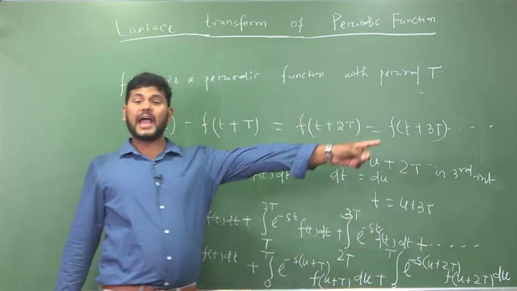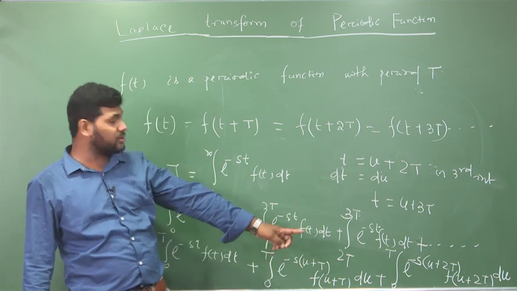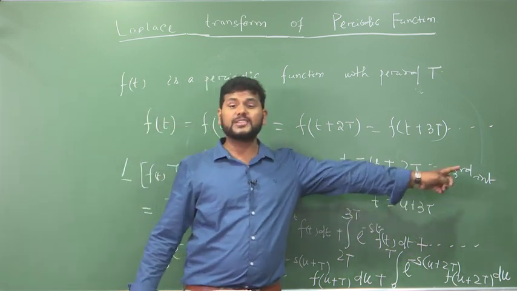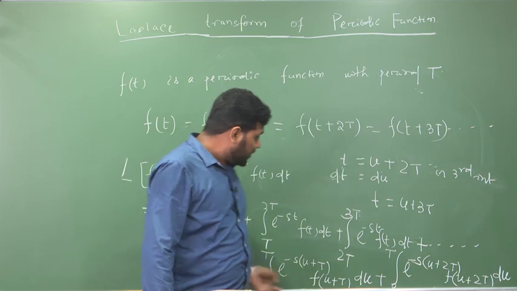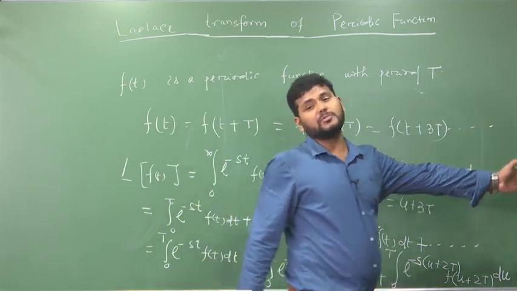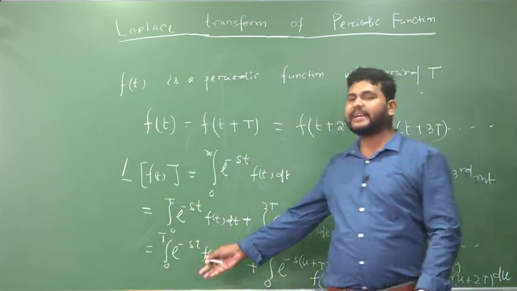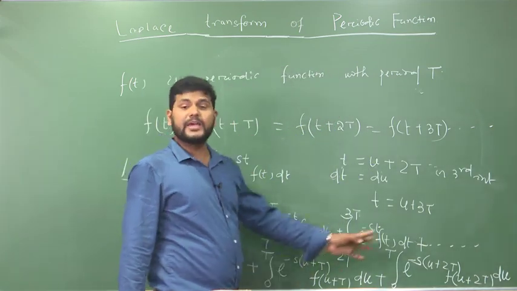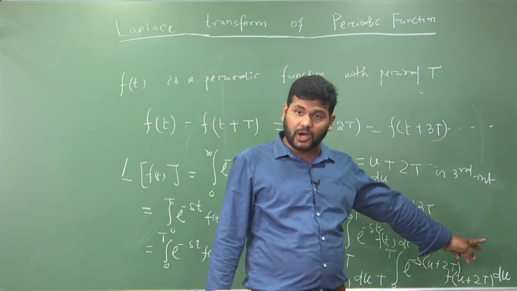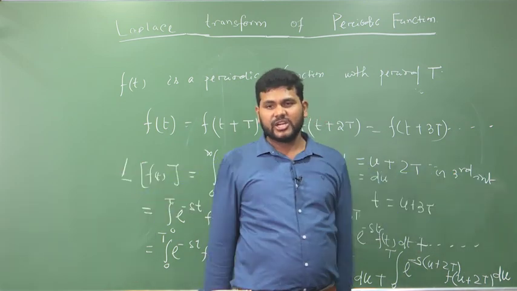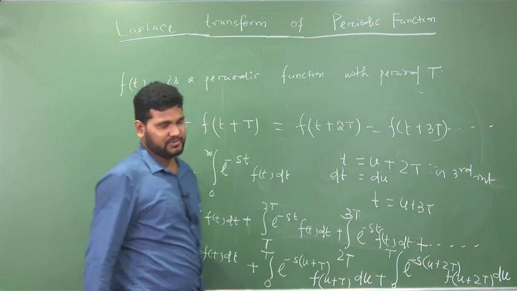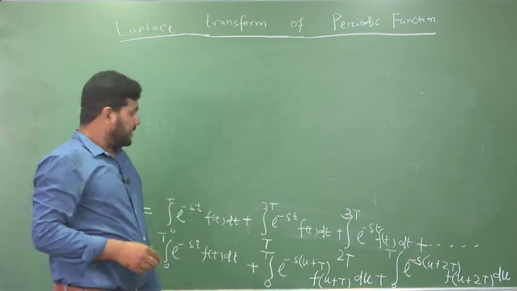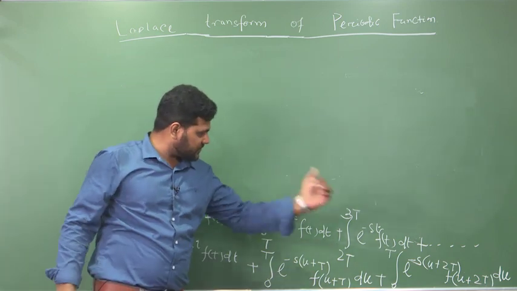If I have my fifth integral, what will I substitute? t equal to u plus 4t. So similarly we will get other terms up to infinity. We have only taken into account 3 terms. Whatever behavior we find in 3 terms, we will generalize it into infinite terms. Okay, fine. So we have this much now.